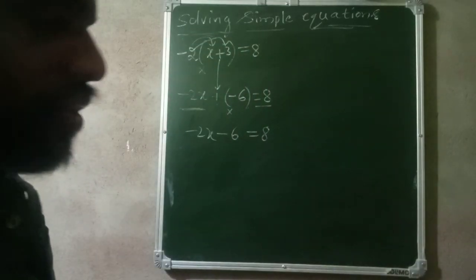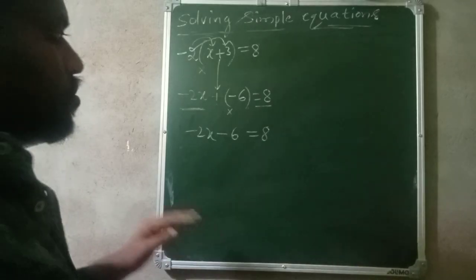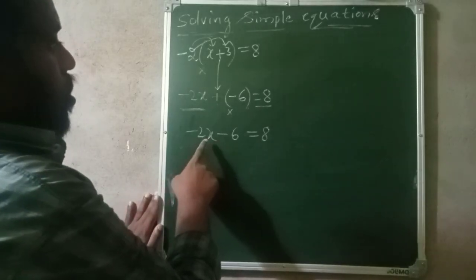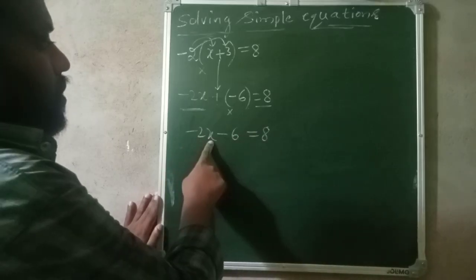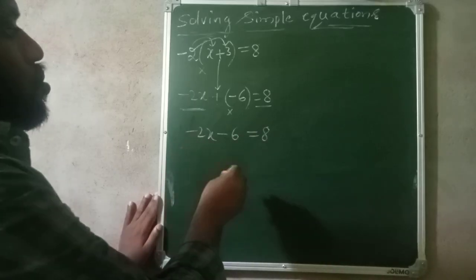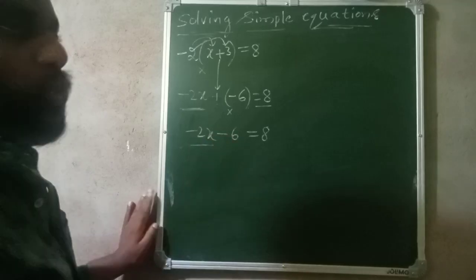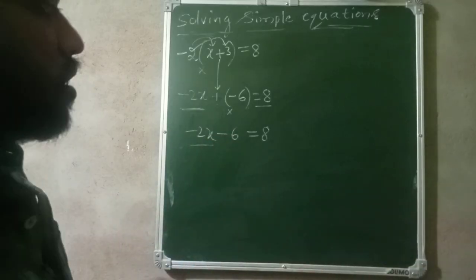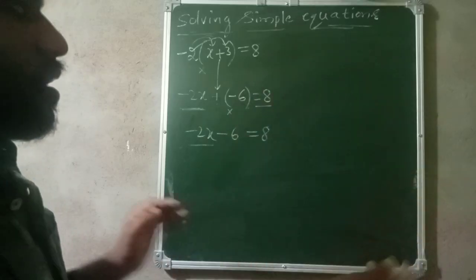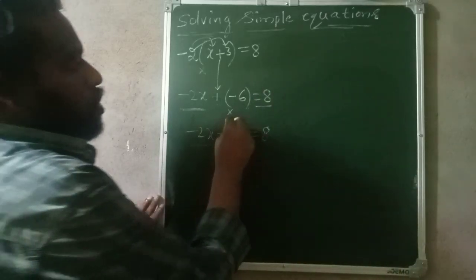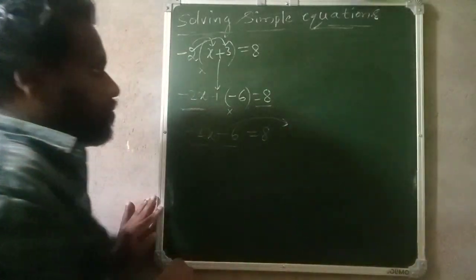Now we want x, so keep the x along with whatever is with x on one side. Along with x we have minus 2, so keep this minus 2x on one side because we want x, and whatever remains you move to the other side. Remaining is minus 6, you move this to this side.